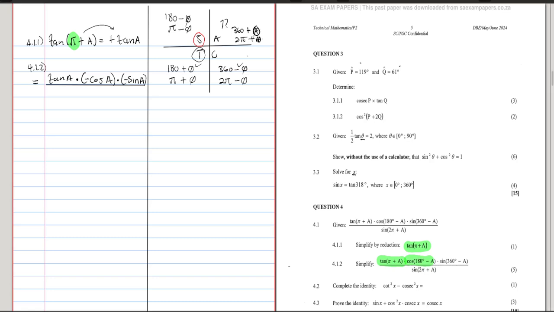Let's use theta for consistency. So in the first quadrant we have all the ratios being positive, so sine(2 pi plus a) is going to be plus sine a.